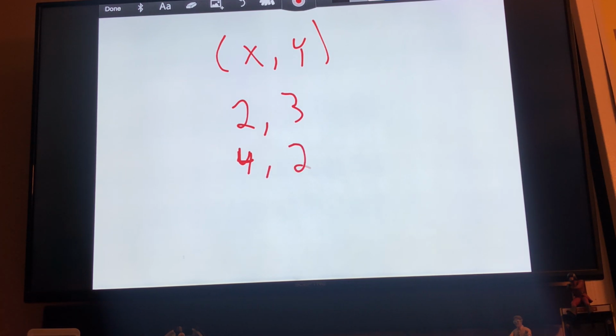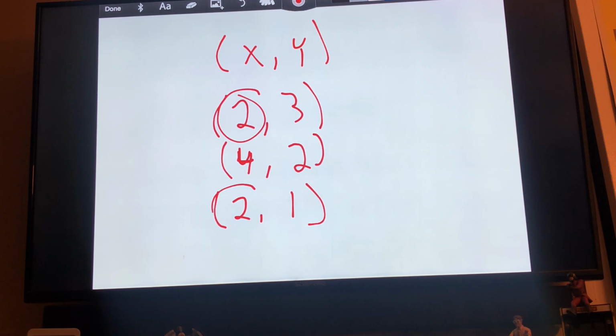That means if you had x and y right here, and one of them was 2, 3, we'll make this 4, 3, or 4, 2, and if we had another 2, 1, this would not be a function because there are two x's being shared.